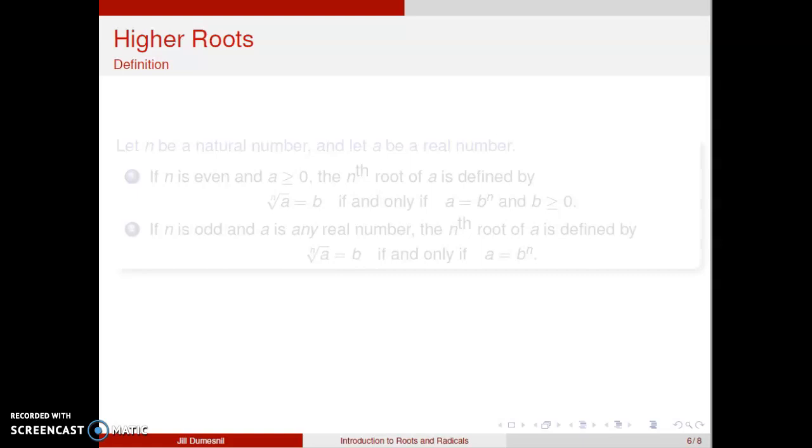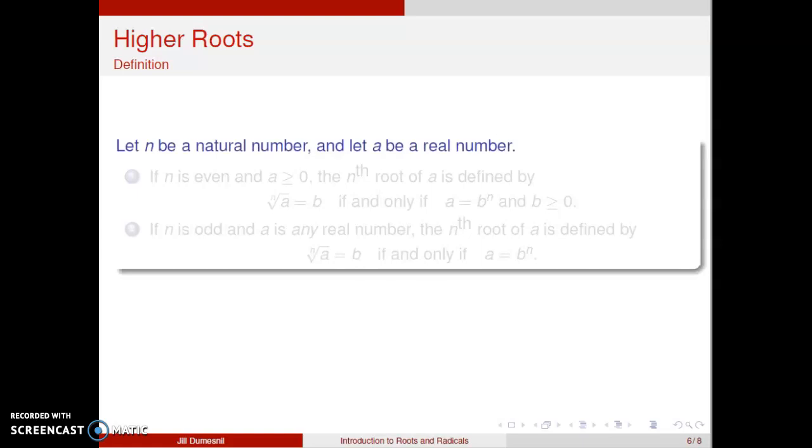We can define higher order roots in a manner analogous to square roots and cube roots. Let n denote a natural number, and let a denote any real number. If n is even and a is non-negative, then the nth root of a is the real number b for which b to the n equals a, and b is non-negative.